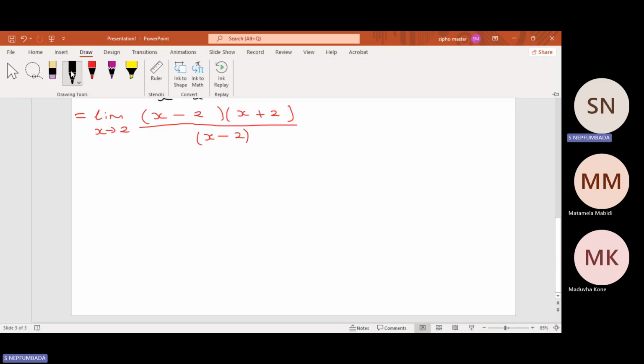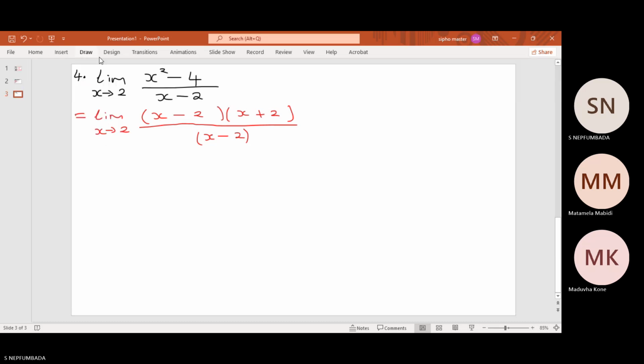Then this one and this one are going to cancel. Then we end up with the limit of x approaching 2 of x plus 2. Now, our x can approach 2, so we're going to have 2 plus 2, which is equal to 4.